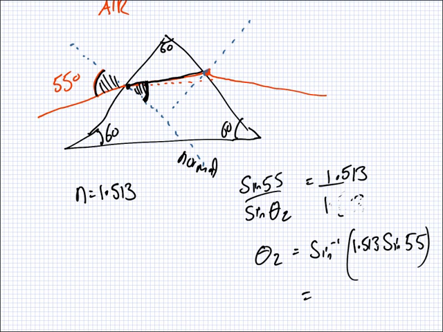So that means here the 1.513 should be on the bottom, not on the top. 32.8 degrees. Okay. So look, if that's 32.8, then what's this angle, which will be 90 minus 32.8?